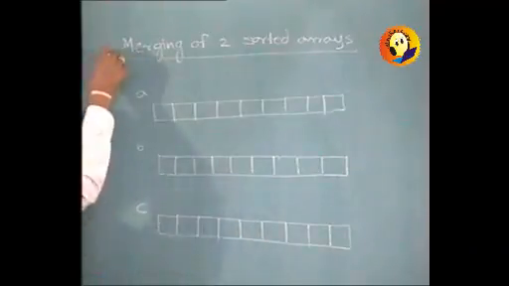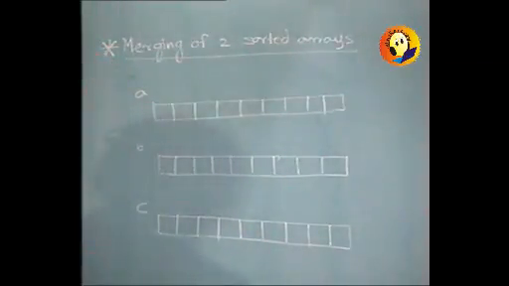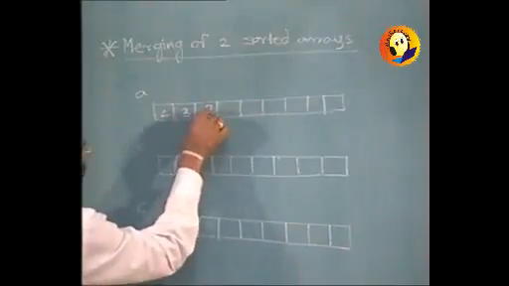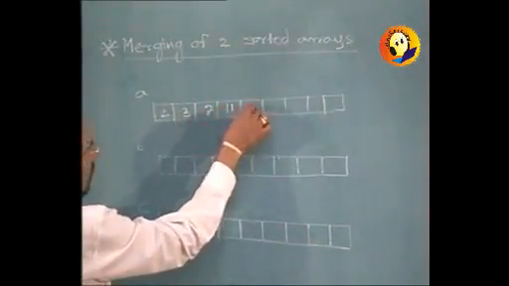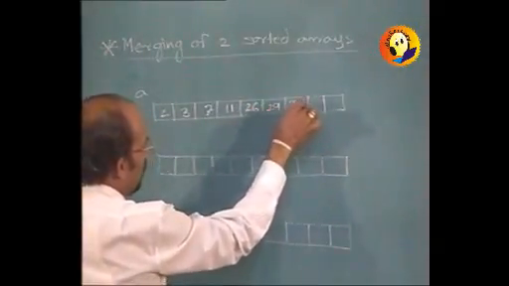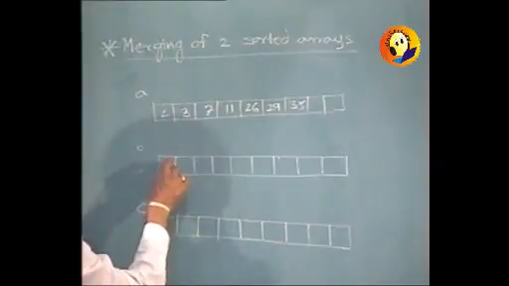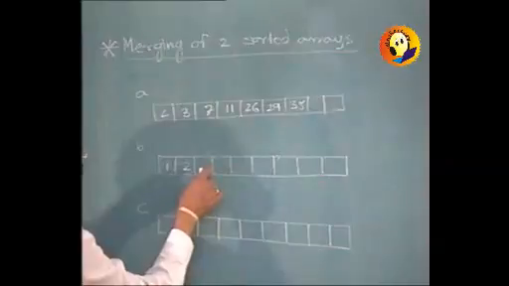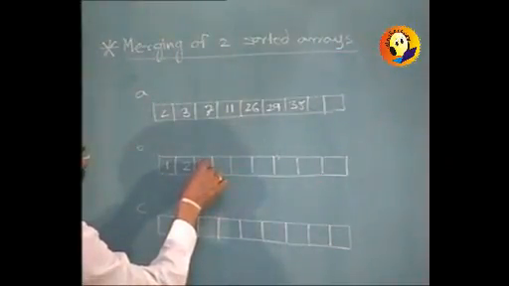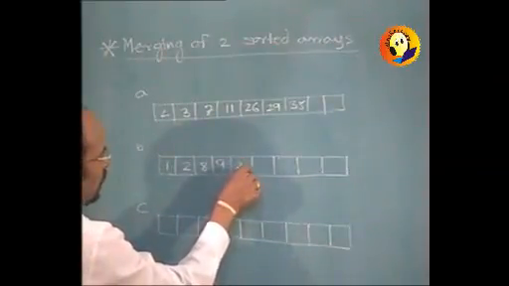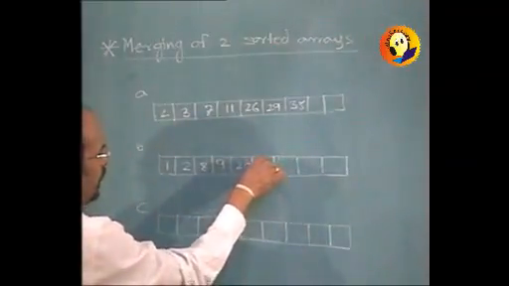Okay, so we'll first of all cover this part and then continue with the sparse. Suppose the values are 2, 3, 7, 11, 26, 29, 35. And the second one has values as 1, 2, then 8, 9, 20, 21.